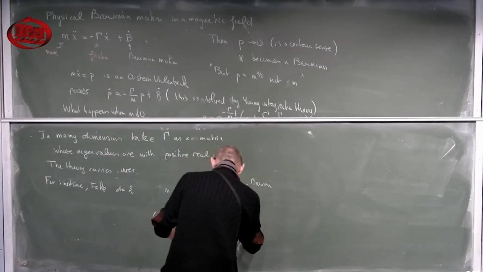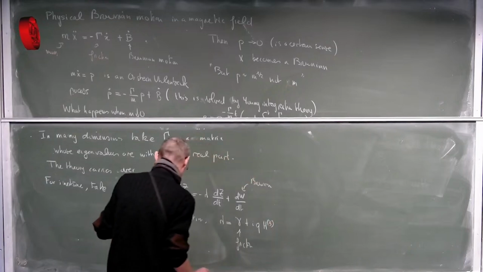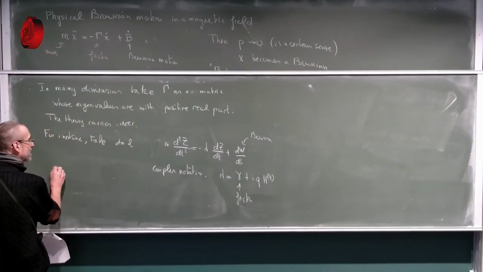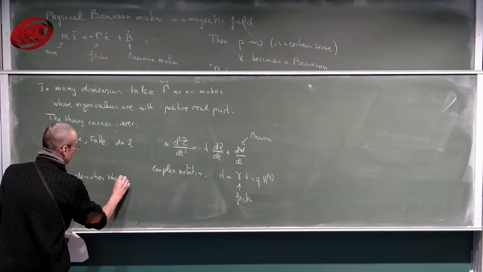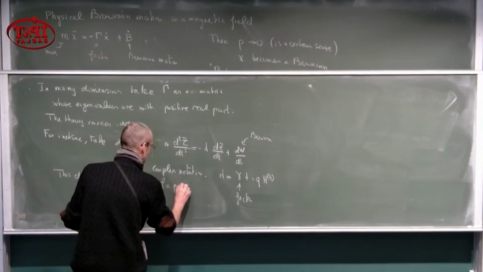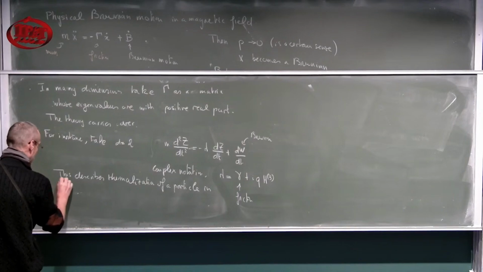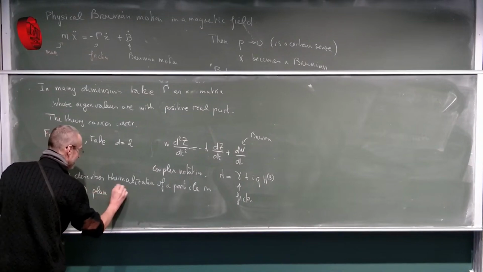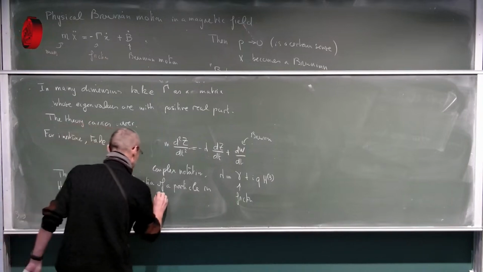And if you write the other, what remains as H, something I call H3, you will understand why in a second, then it turns out that this describes thermalization of a particle in the xy plane, z is equal to x plus iy without surprise, but of course with a transverse magnetic field.